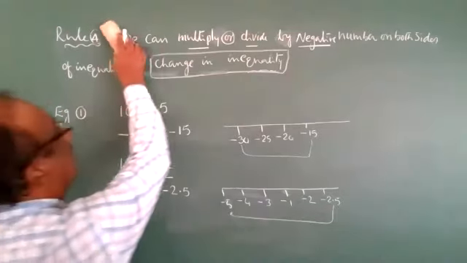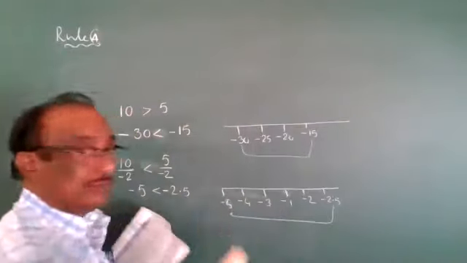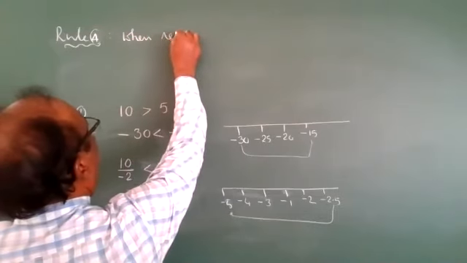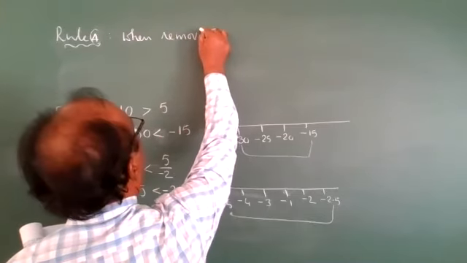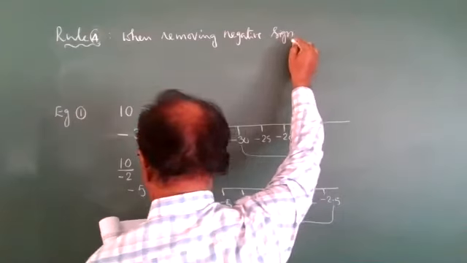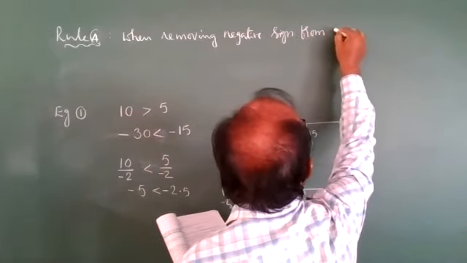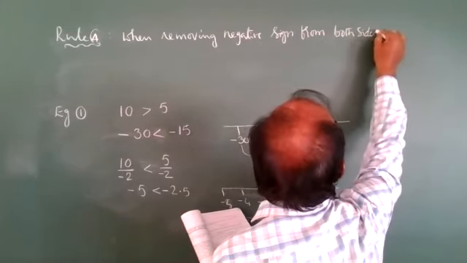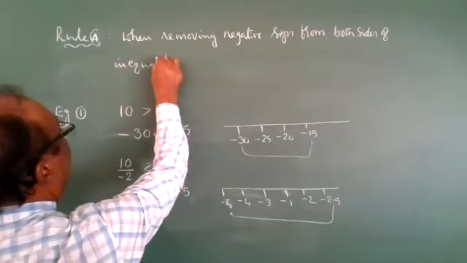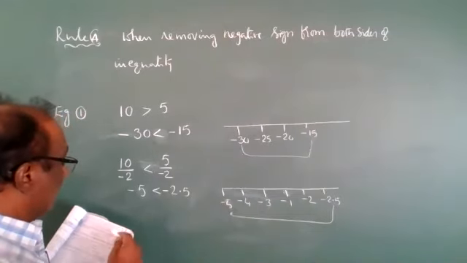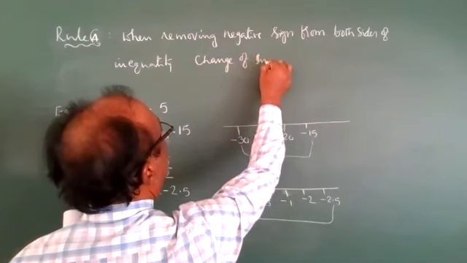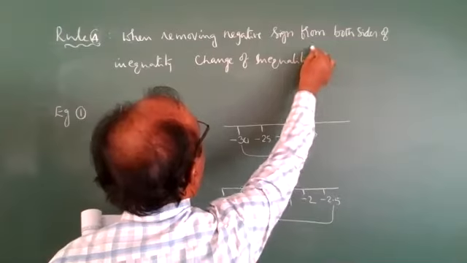When removing the negative sign from both sides of the inequality, the inequality changes. Put in the box: change of inequality.